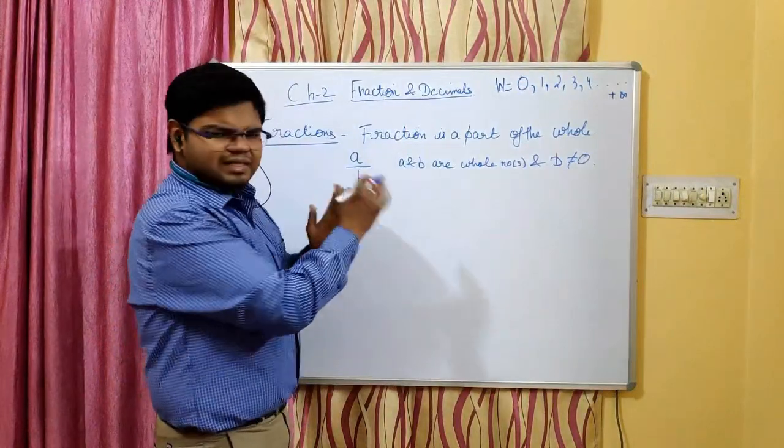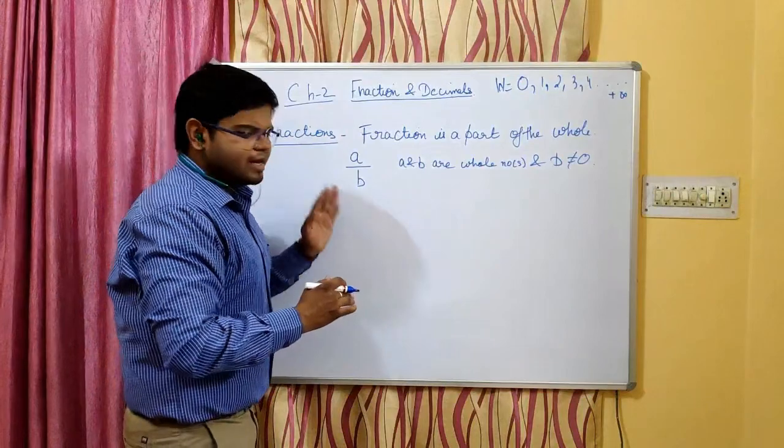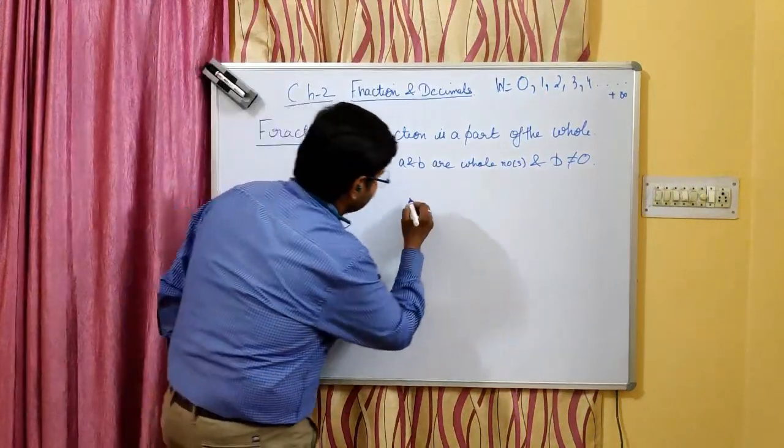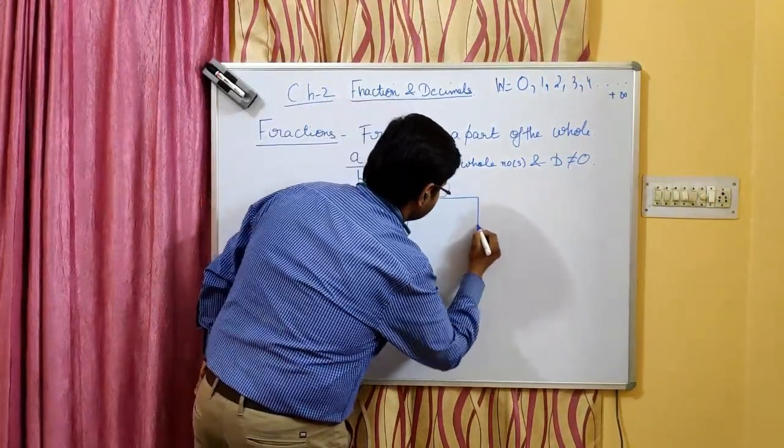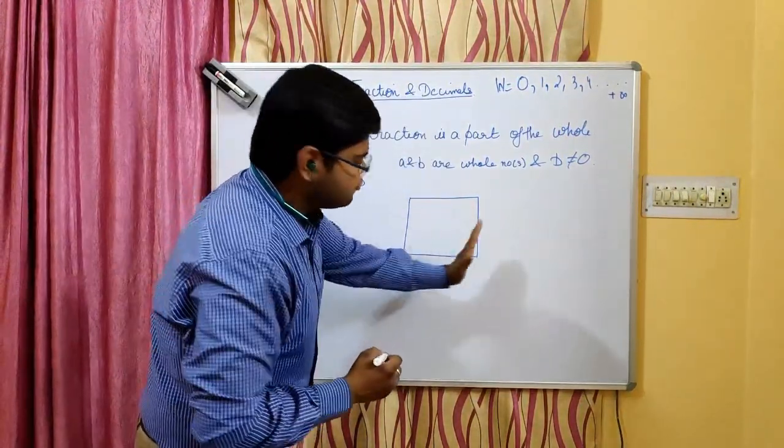So this is the definition part, and it is a little difficult to understand. So I'll explain it with an example. Suppose you have a square, and what is a square? A square is a two-dimensional figure in which all four sides are equal.